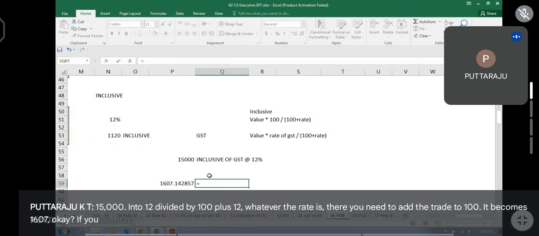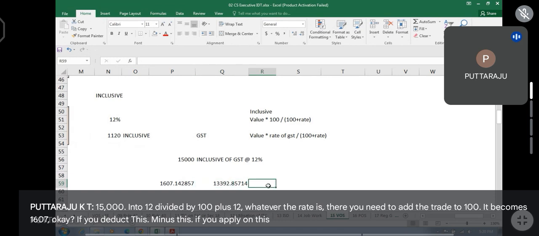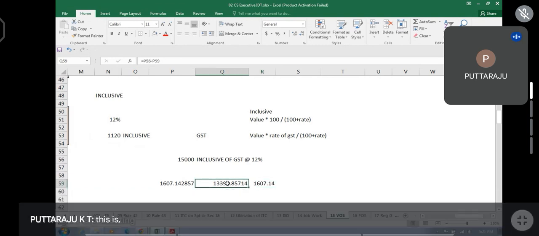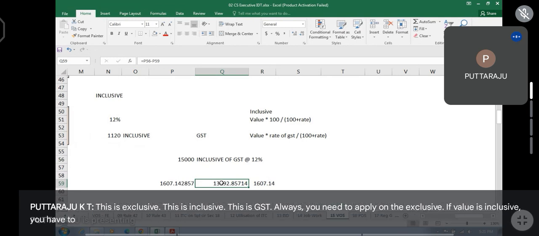If you deduct this minus this, and apply 12% on this 1339, you will get 1607. This is exclusive, this is inclusive, this is GST. Always you need to apply the rate on the exclusive. If the value is inclusive, you have to convert that into exclusive.